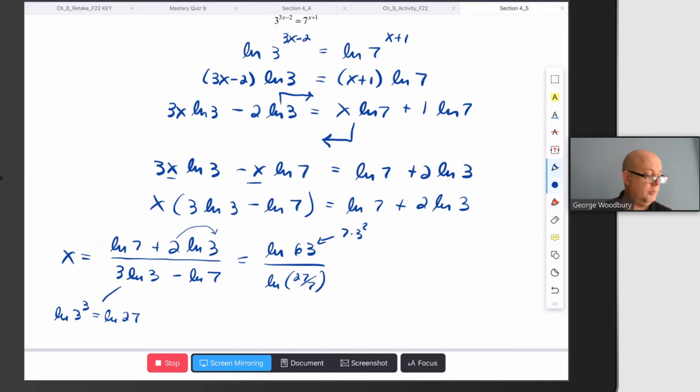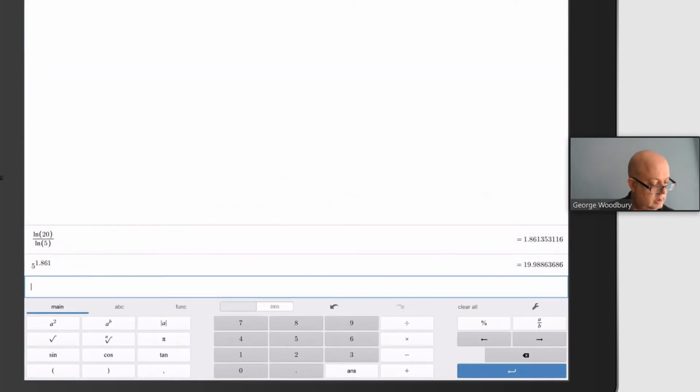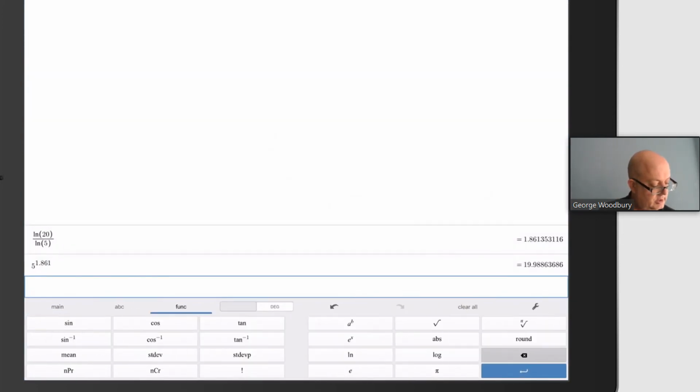All right, so I'm going to approximate these, and I'm going to start with the first one. I'm going to start with ln 7 plus 2 ln 3 divided by 3 ln 3 minus ln 7.